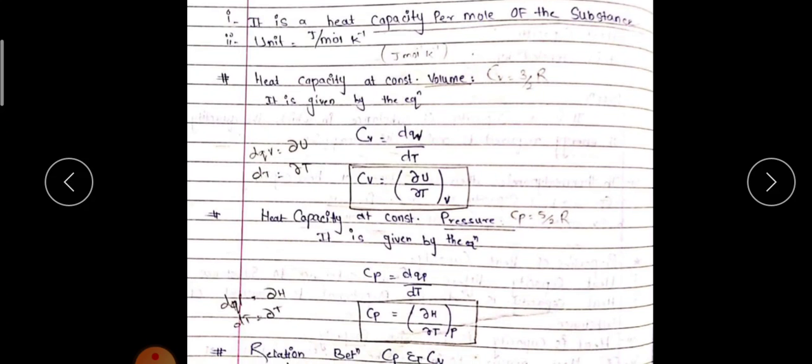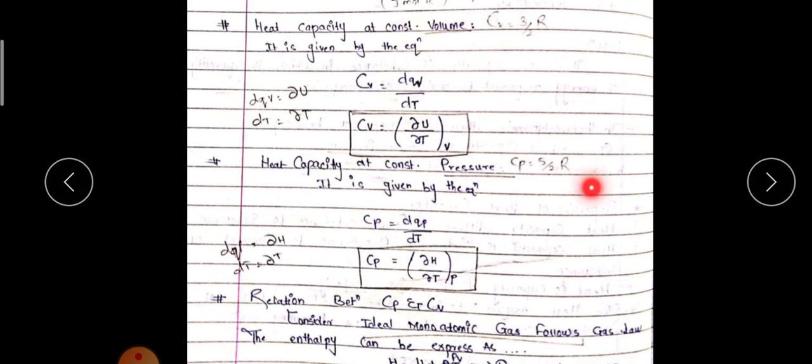The dQV is nothing but dU, that is a change in internal energy, and dT is nothing but dT. You can substitute for this particular dQV and dT. You will get Cv is equal to dU by dT at constant V. This Cv is related by the equation 3 by 2 R, whereas Cp is nothing but 5 by 2 R.